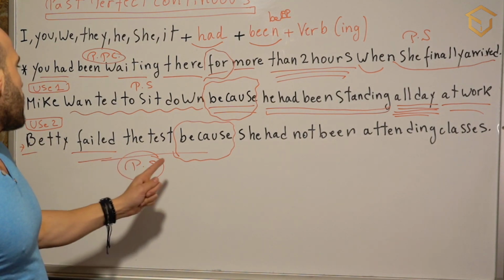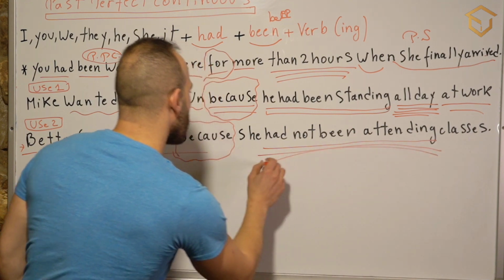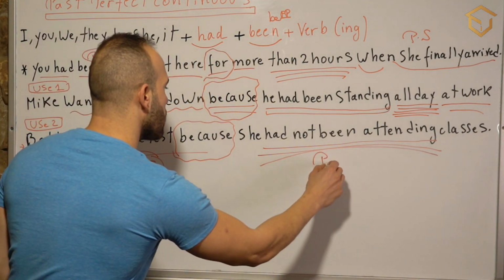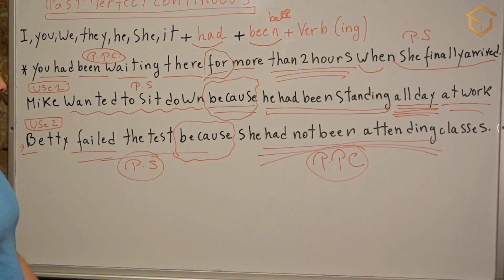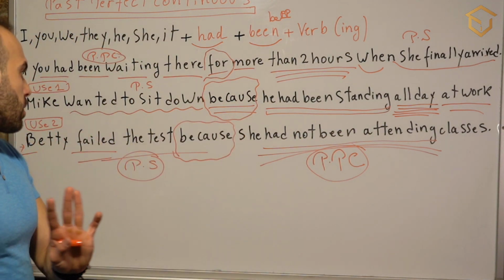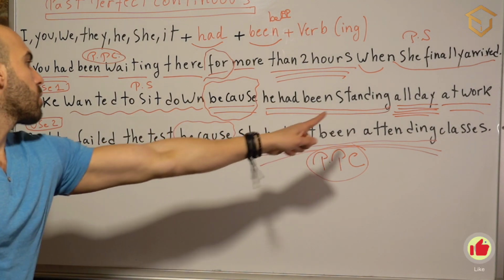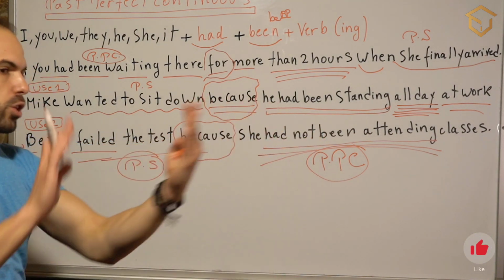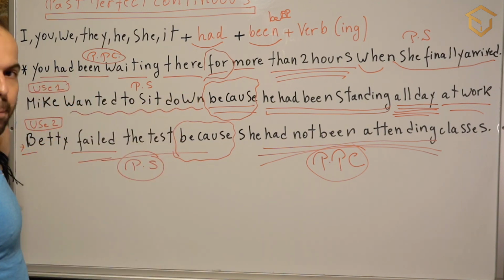So Betty failed the test because she had not been attending the class. That's the past perfect continuous. So as you can see, she had not been attending classes, and that's why she failed the test. So that was the first action. That action happened in the past, it stopped, and then she failed the exam.